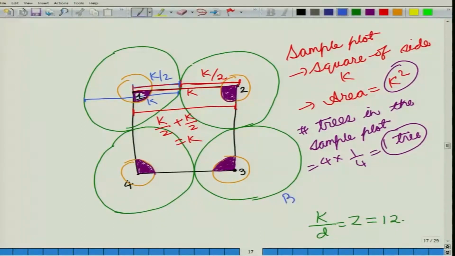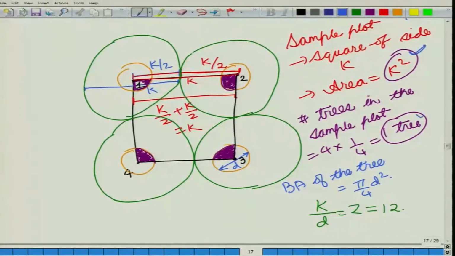Because this tree has a diameter of d, the basal area of the tree is given by pi by 4 d square. Now that is the basal area of one tree, but in our sample plot of k square area we only have one tree. So what is the basal area of the stand per hectare?